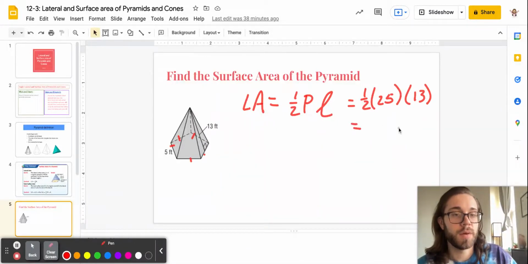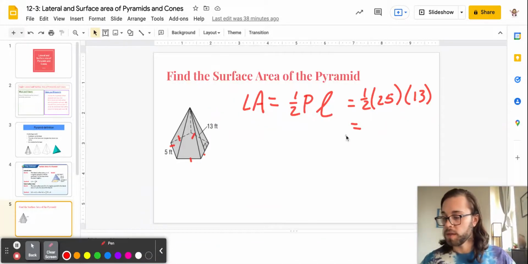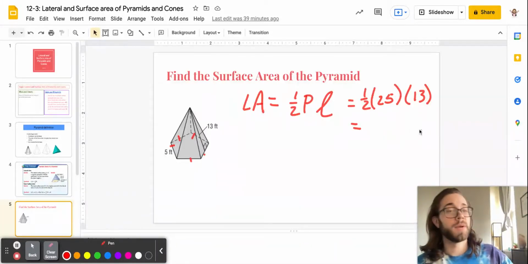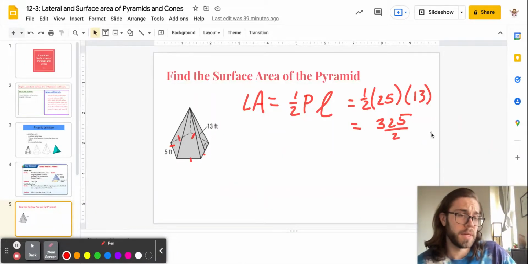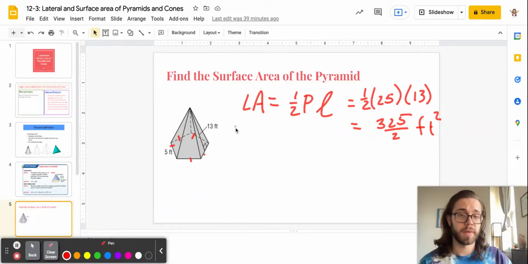We will need to multiply these. Now, I'm going to be honest, I don't off the top of my head know what 25 times 13 is. It is 325. And I'm actually just going to leave this over 2 because why put the decimal in? There's no need. Feet squared. So that's the lateral surface area.